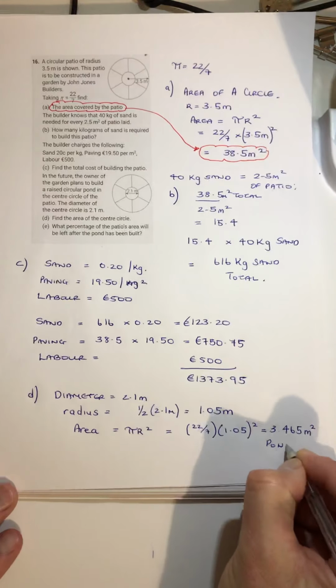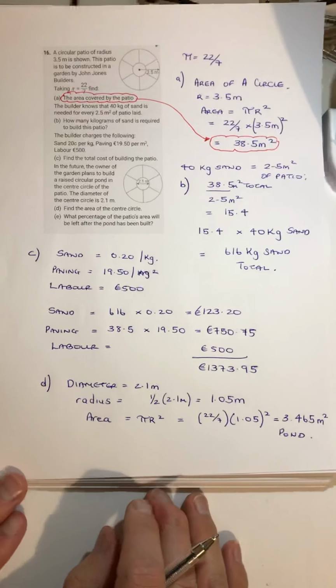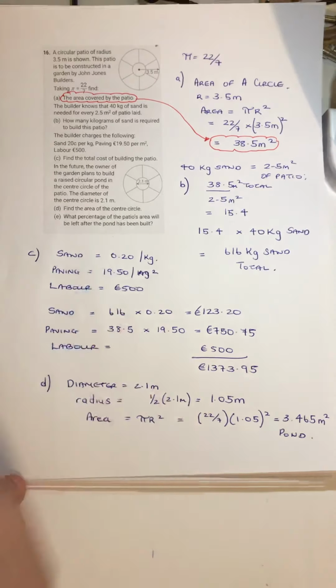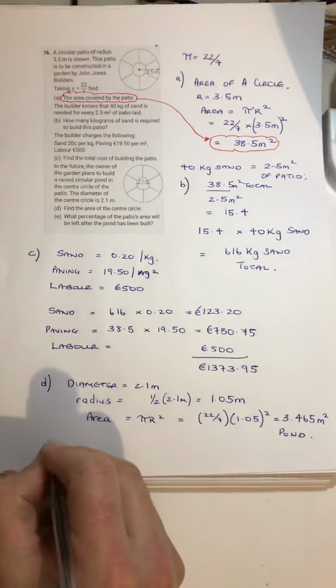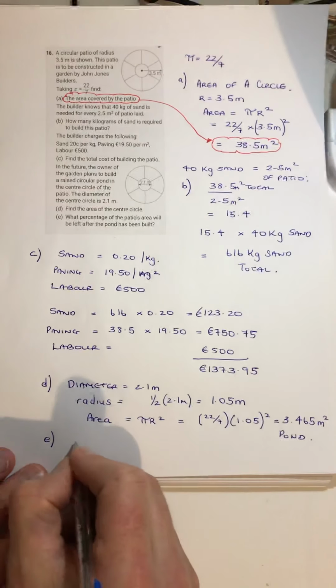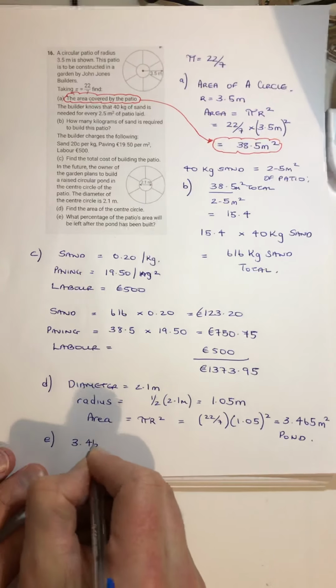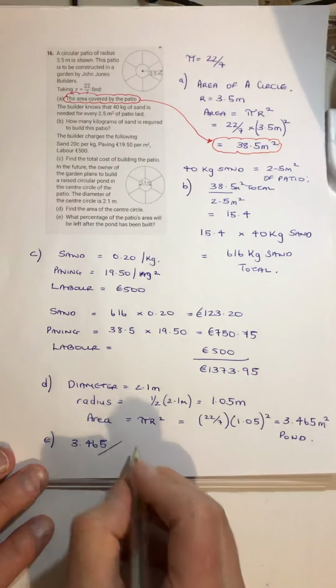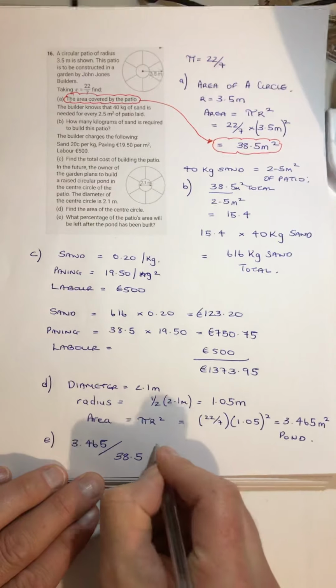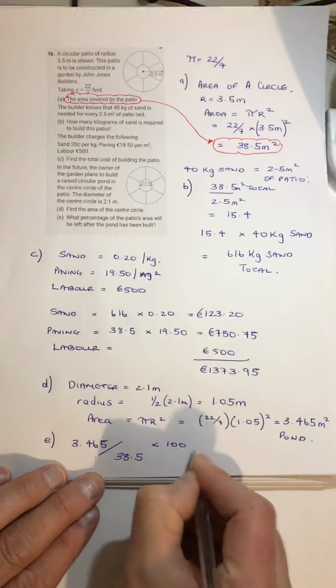Okay? And then finally, what percentage of the whole area will be left when the pond is taken out? So part E, the total area was 38.5. So 3.465 as a percentage of the total area, 38.5. To find the percentage, multiply by 100.